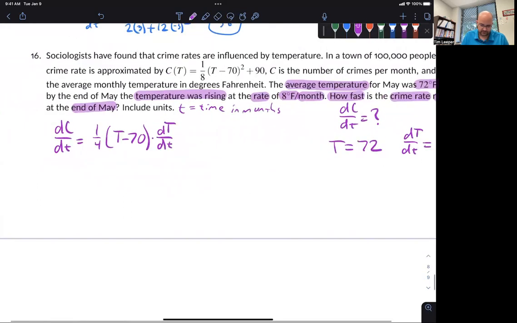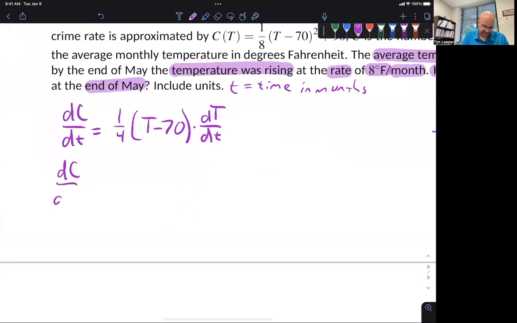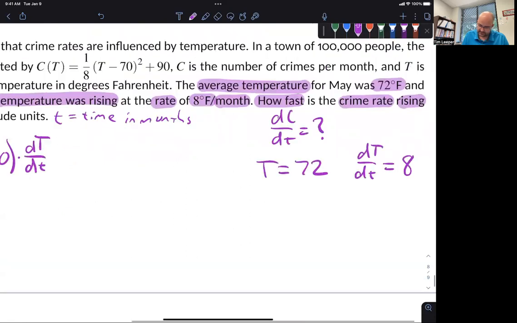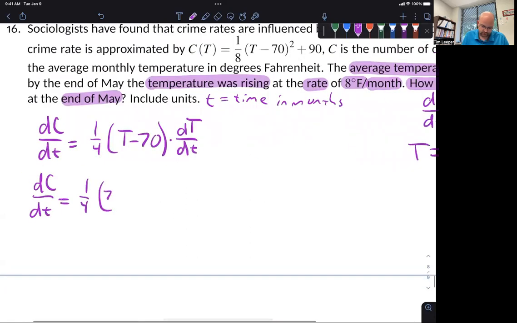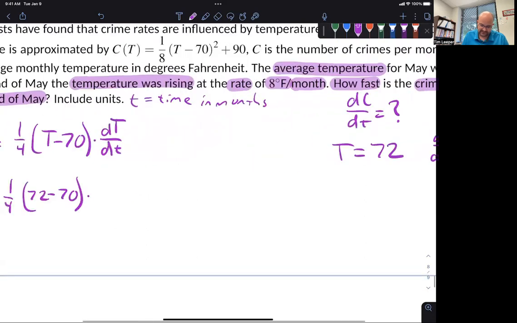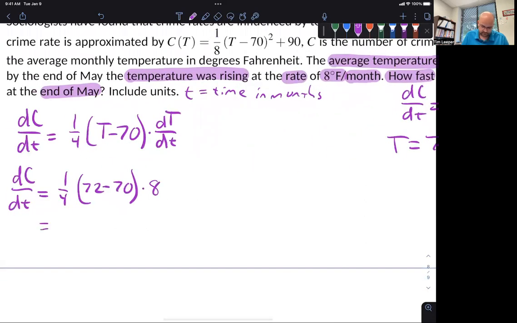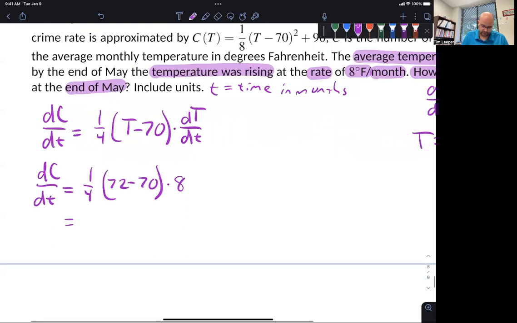So just plug everything in. It means that dC/dt here is 1/4 times T is 72 minus 70 times d capital T, d little t is 8. So that's 2 times 2, that's 4.